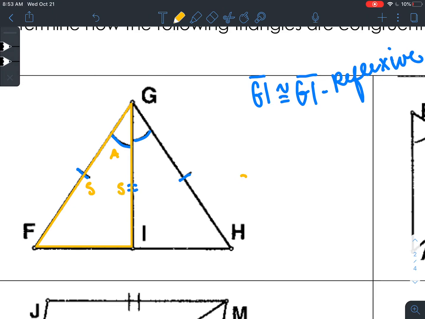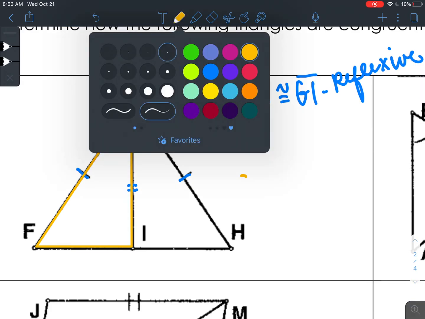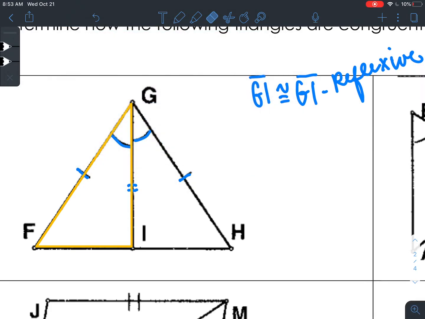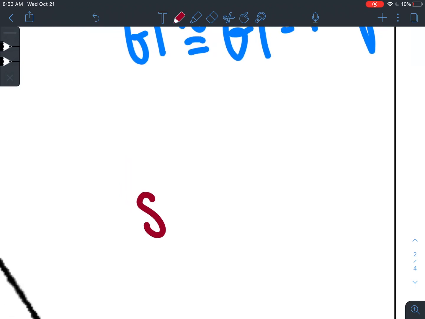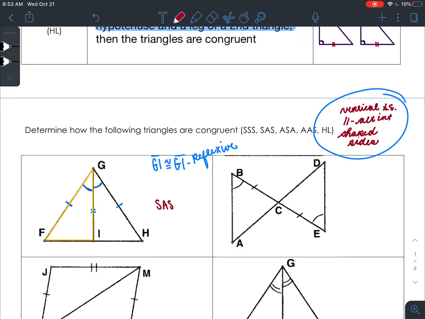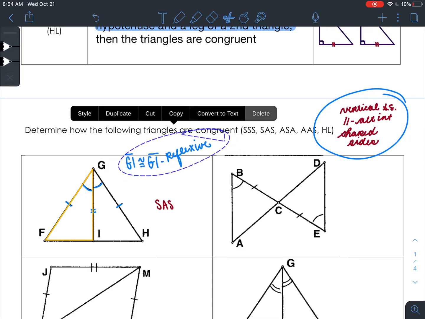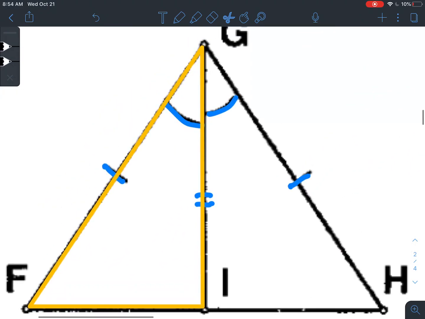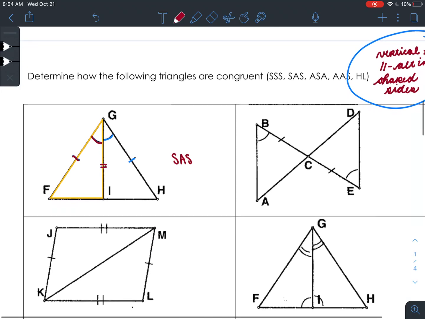So I'm proving this triangle as congruent by side, angle, side. And again, you have to double check that the angle is included. It is included because it's in between those two congruent sides.